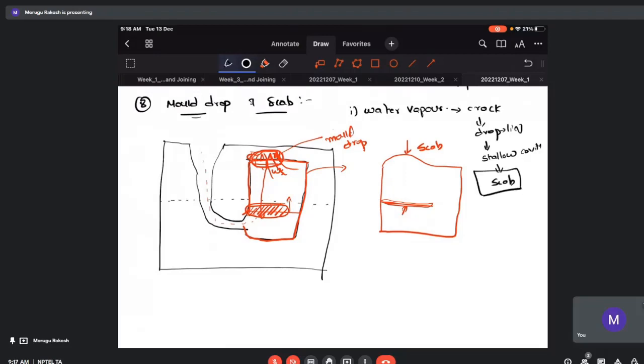So this is the process through which this cap or this mold drop happens. So that's why the main culprit here is the water vapor.